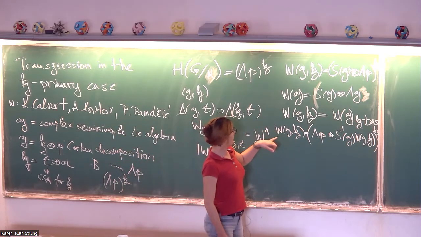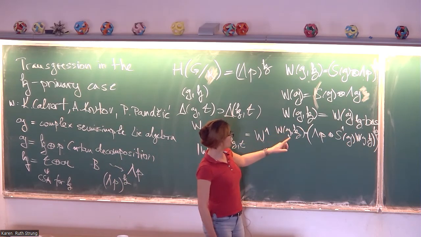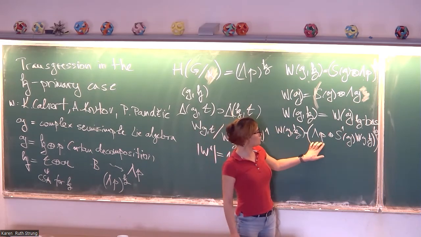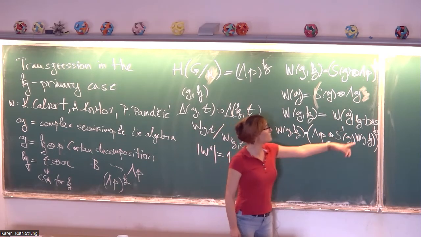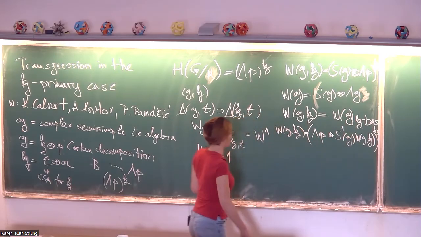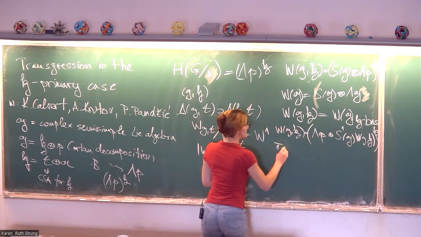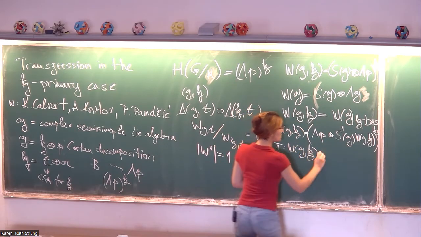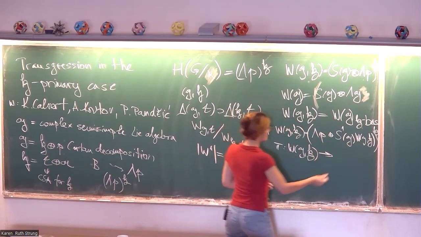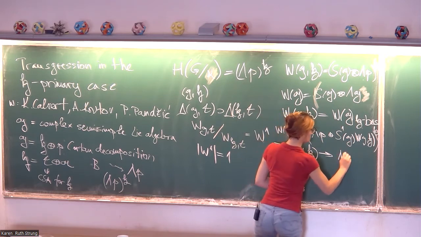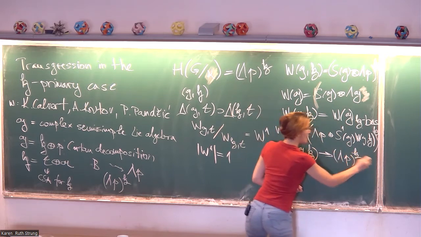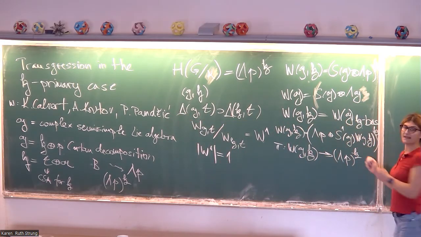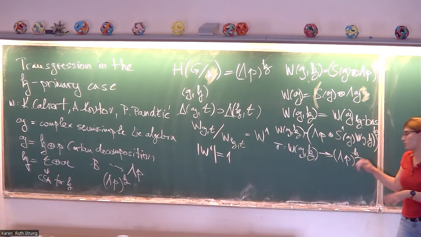So I will need a projection from the whole algebra to this exterior part with respect to this decomposition. And let's denote that projection by pi. Now, since this guy here is an ideal, this is a homomorphism.